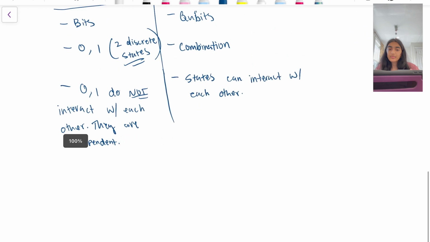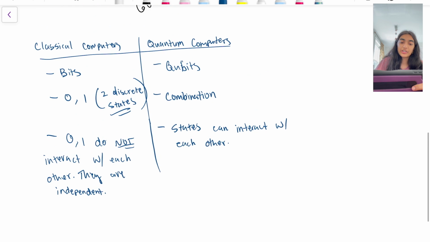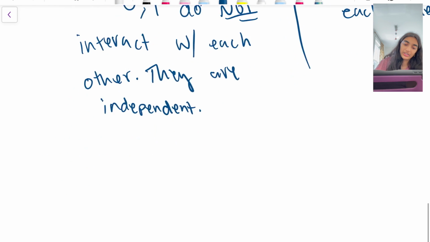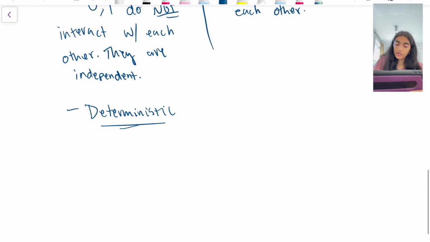Okay? And so the last property that I wanted to talk about, which is very important, is the deterministic nature of classical computers versus the probabilistic nature of quantum computers.